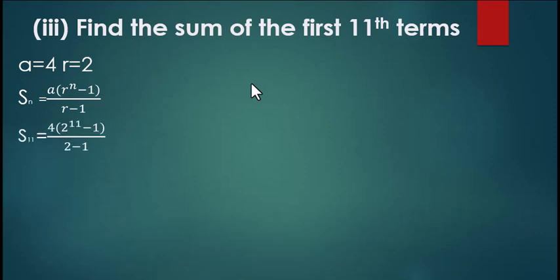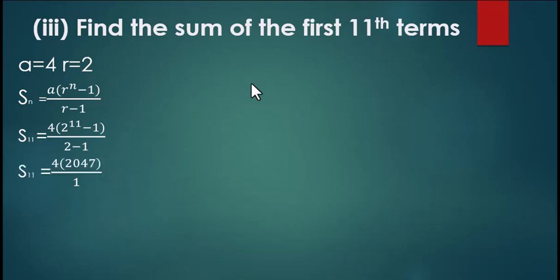So we substitute in our equation what we have: 4, which is our first term, open bracket, 2 to the power 11 minus 1, over our common ratio 2 minus 1 on the bottom.